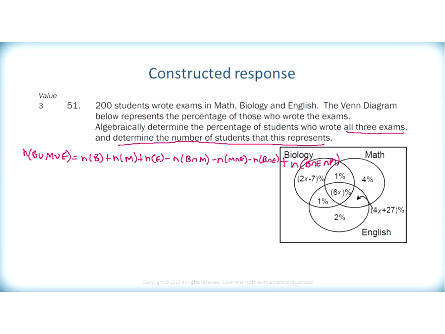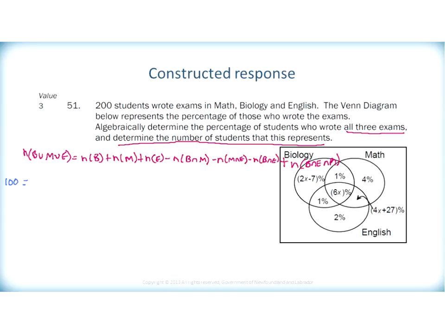And so in the union there's 200 students. But the Venn diagram is represented by percentage. So since there's no percentage of students outside of these courses, we have 100% are in the union.